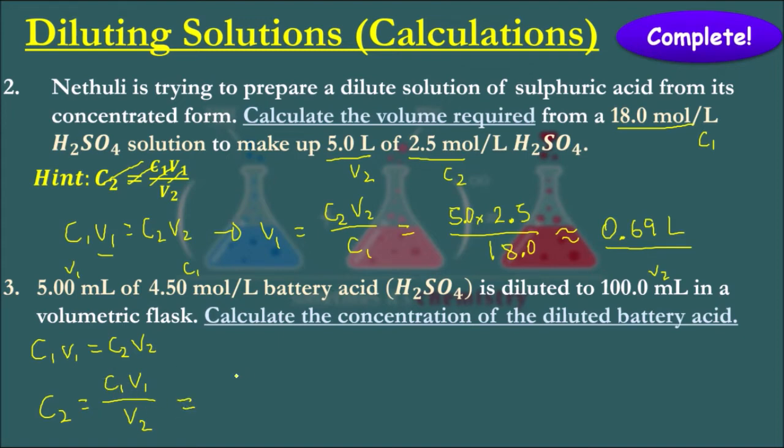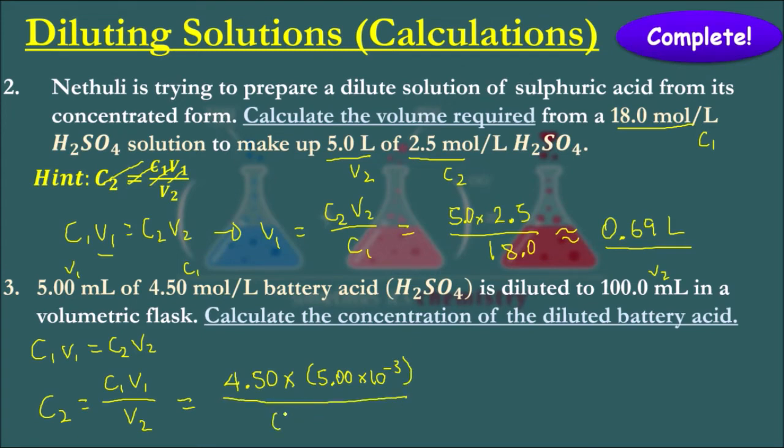Okay, concentration 1 is 4.5. I'll just make sure to write down all the significant figures that were given to me in the question, so I don't forget in my rounding off. And what we also have is volume, so 5, which is therefore converted into liters.